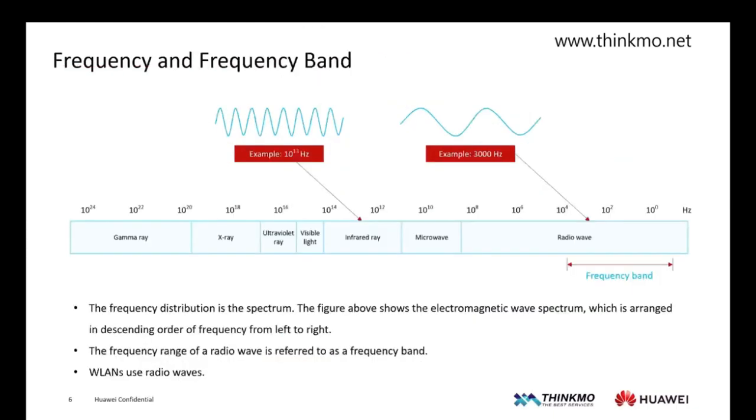Now let's take a look at frequency and frequency bands. First, high frequencies include gamma rays. Their frequency is extremely high. Lower frequencies are the radio waves we commonly use in daily life.